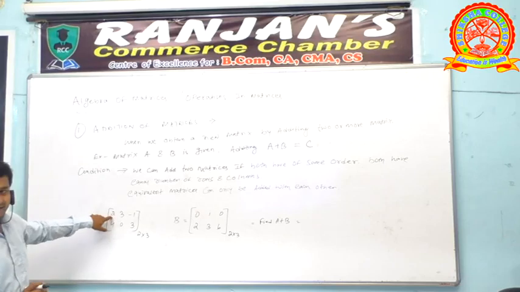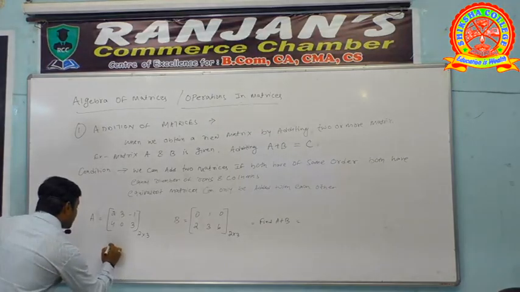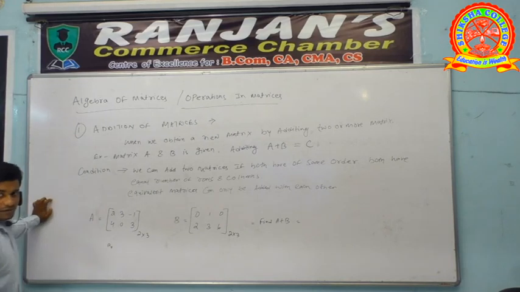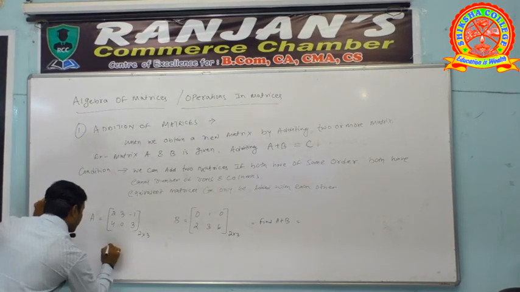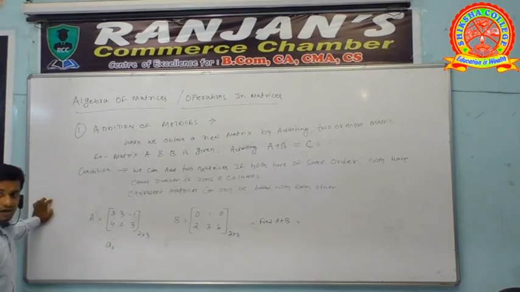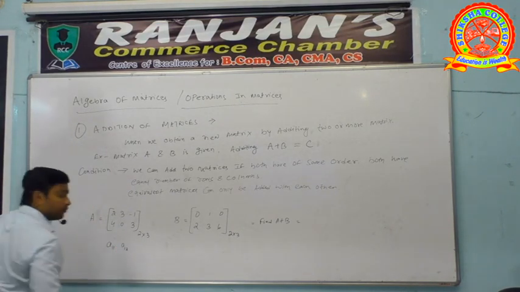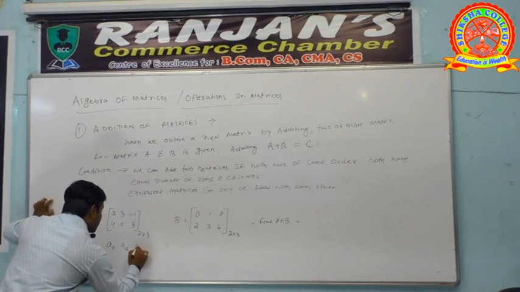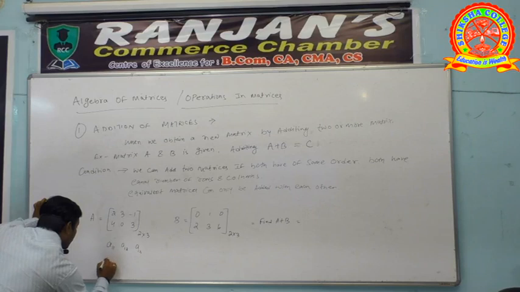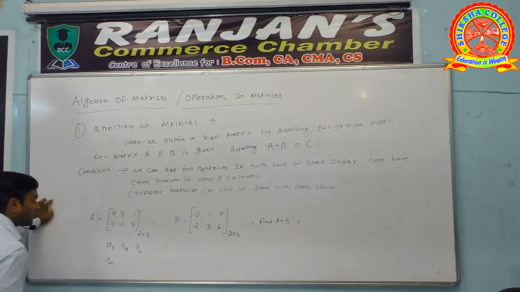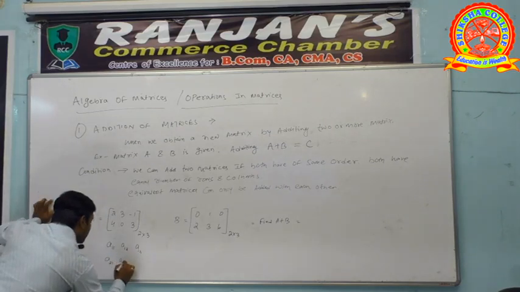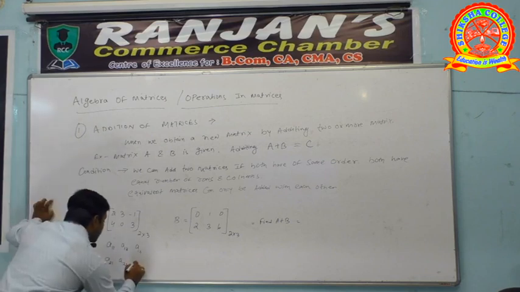Here 2 is A11, row 1, column 1, and 3 is row 1, column 2, and minus 1 is row 1, column 3, and 4 is row 2, column 1, 0 is row 2, column 2, and 3 is row 2, column 3.